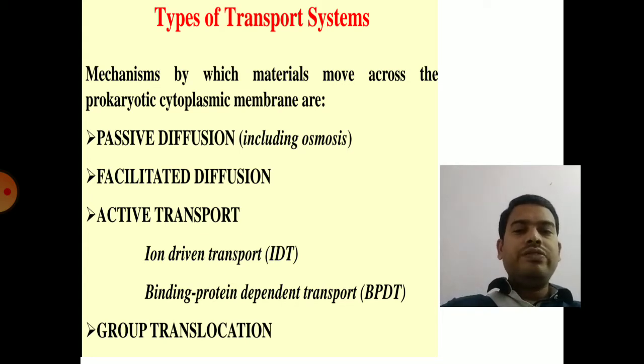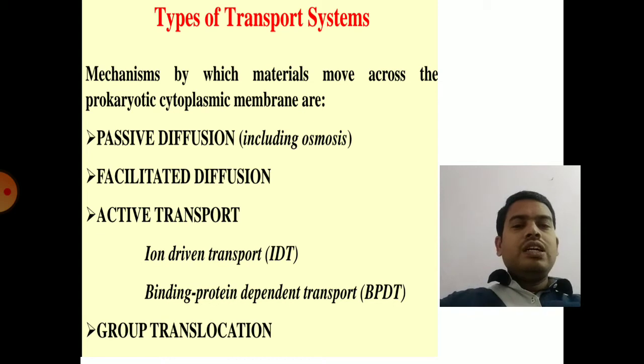That is called simple diffusion. In facilitated diffusion, the molecule which is to be transported is called the solute particles. In facilitated diffusion, the solute particles are transported with the help of special transport proteins.